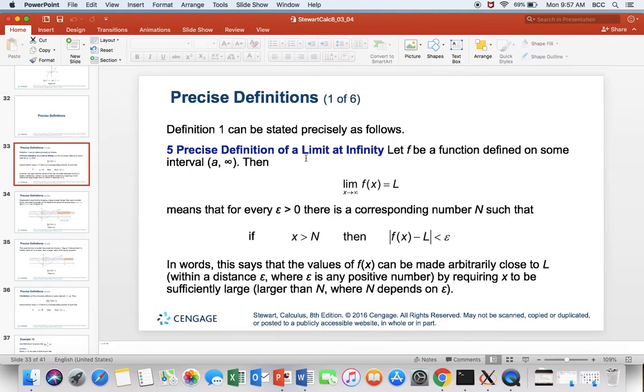Precise definition of a limit at infinity. Let f be a function defined on some interval (a, infinity). Notice a is an open interval and infinity is always open because infinity is not a real number.